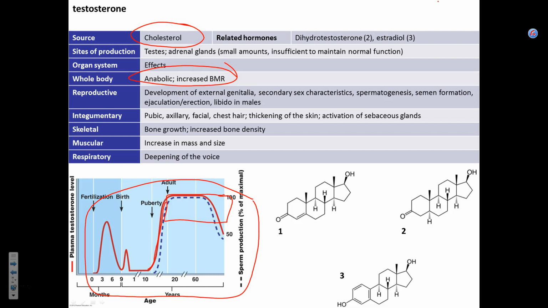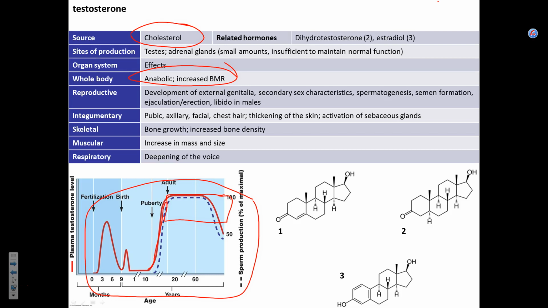It will also be converted in the liver into estrogen, so long-term injections of testosterone will lead to the development of female sex characteristics. One of the common side effects of uncontrolled testosterone abuse is gynecomastia. And it actually damages the liver.